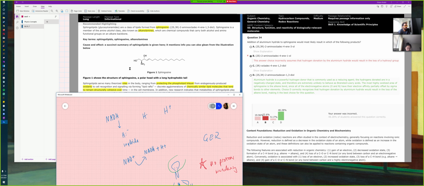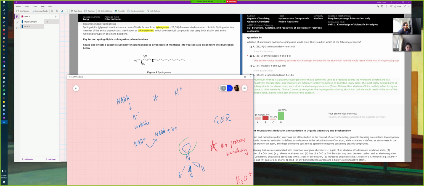I was like, that doesn't make sense. But then, oh, we forgot about that double bond. That gets reduced to a single bond, right? Oh yeah, okay, then I see.